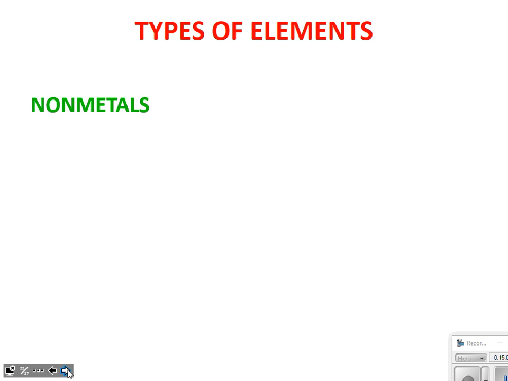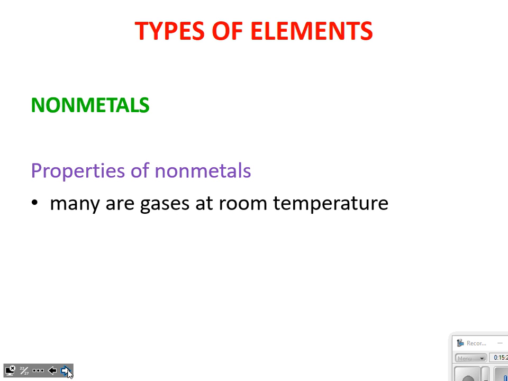Another type of elements are nonmetals. Many nonmetals are gases at room temperature. Now, look at your periodic table.